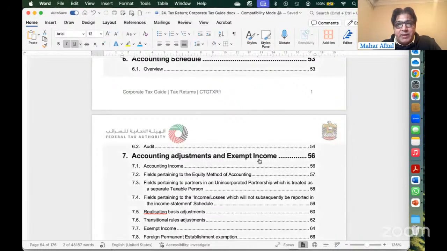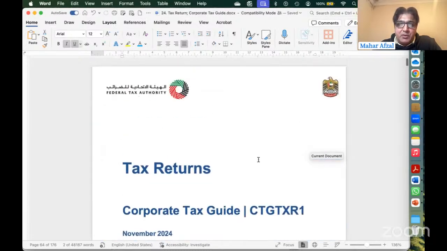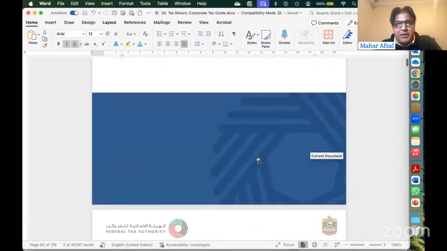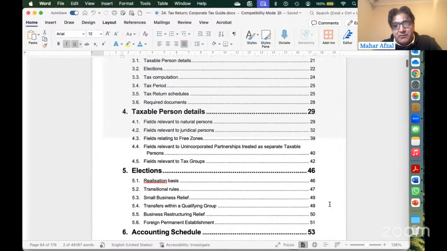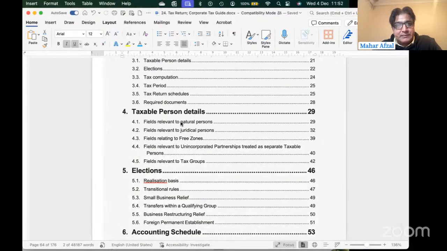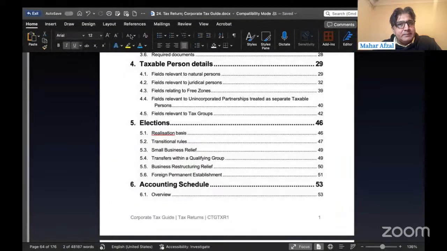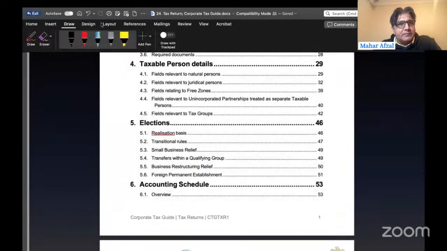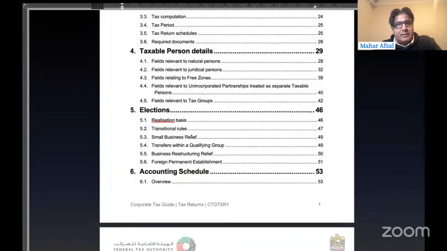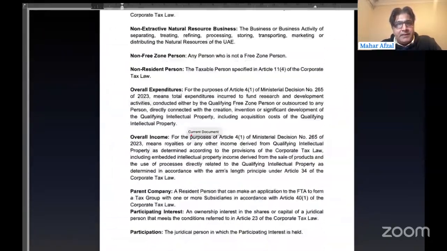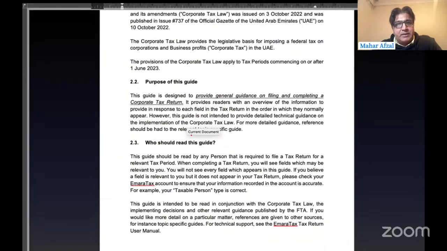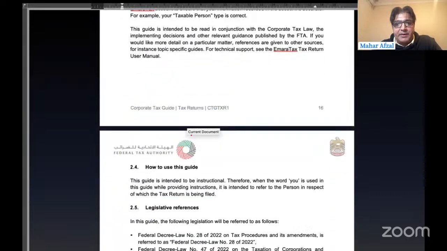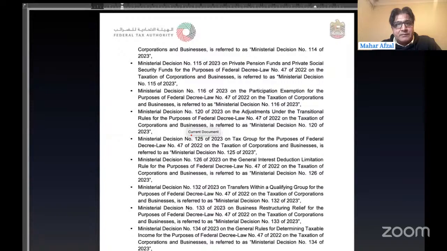As I mentioned, we are going through the guide today, and as Faiza has mentioned, I will be going through the very important aspects of the guide. The introduction: the purpose of the guide is that you will be able to calculate and prepare your corporate tax return, which is quite obvious.